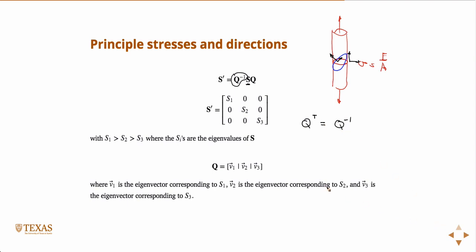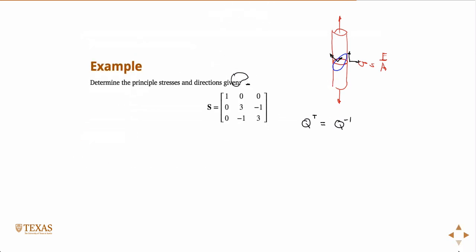Okay, and so that makes it much nicer. If it is unitary, then you don't have to go through all the complicated steps of computing the matrix inverse. You can just transpose it, which is much easier. Okay, so let's work an example.